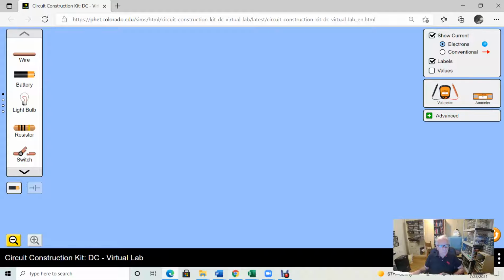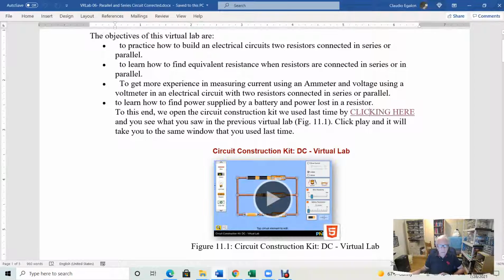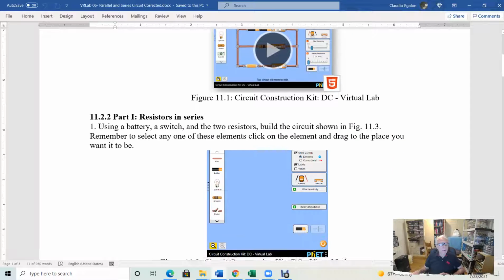Click play and it will take you to the same window you saw in the previous virtual lab. Okay, we're already in the window.